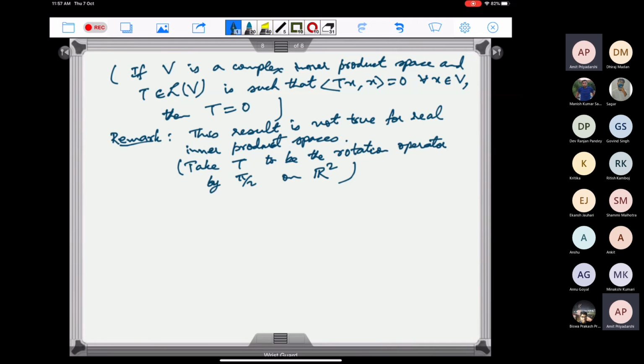So this is not true in the real case, but if it is a complex inner product space, then this is true.